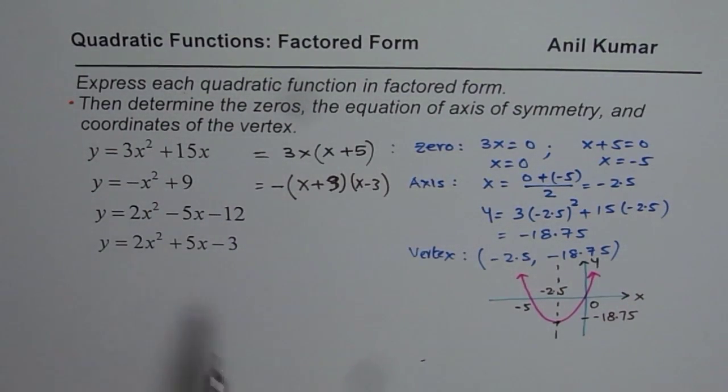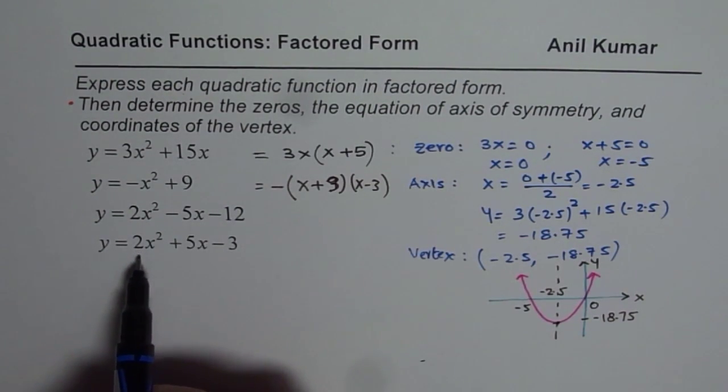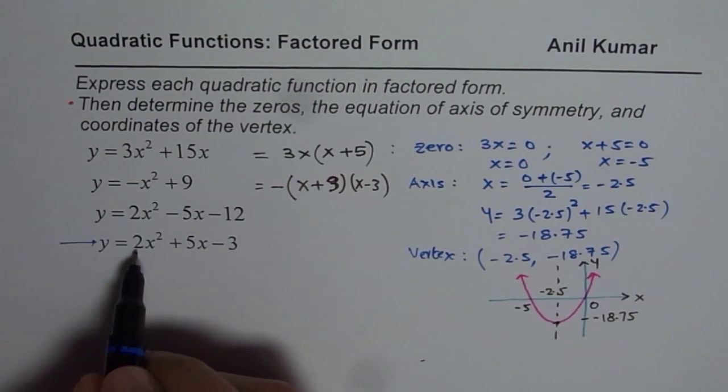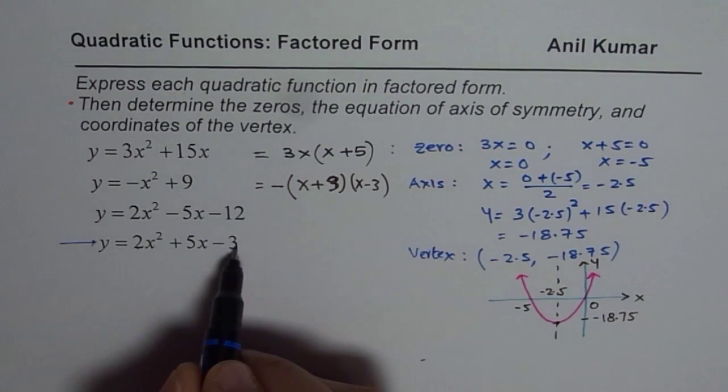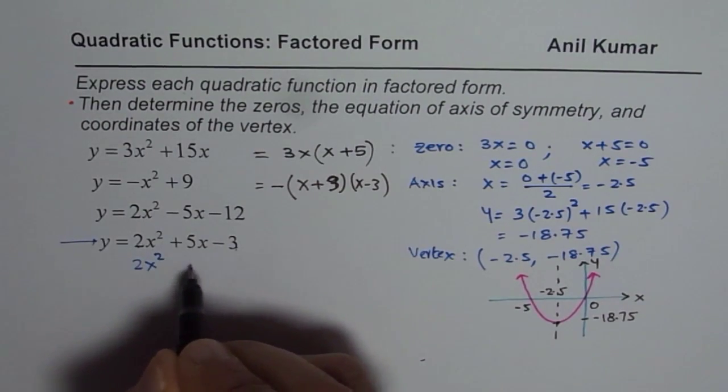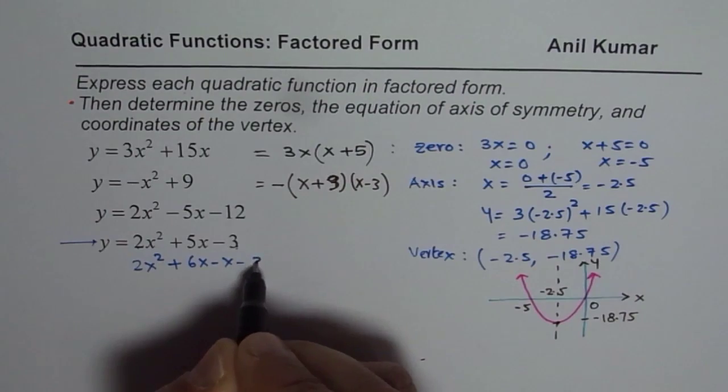To factor these, let me show you how to factor with a coefficient not equal to 1. So we'll do this one for you. We are looking for two numbers whose product is 2 times minus 3, which is minus 6, and sum is 5. So what we can do is write this equation as 2x squared plus 6x minus x minus 3.